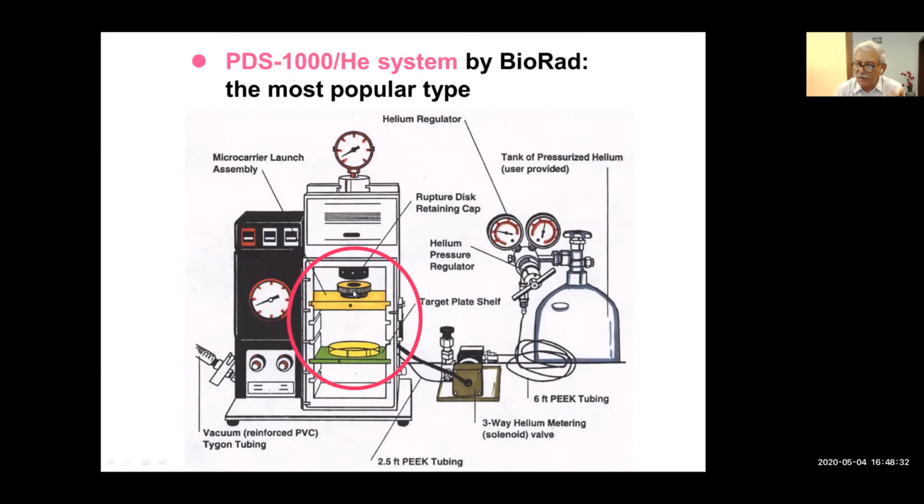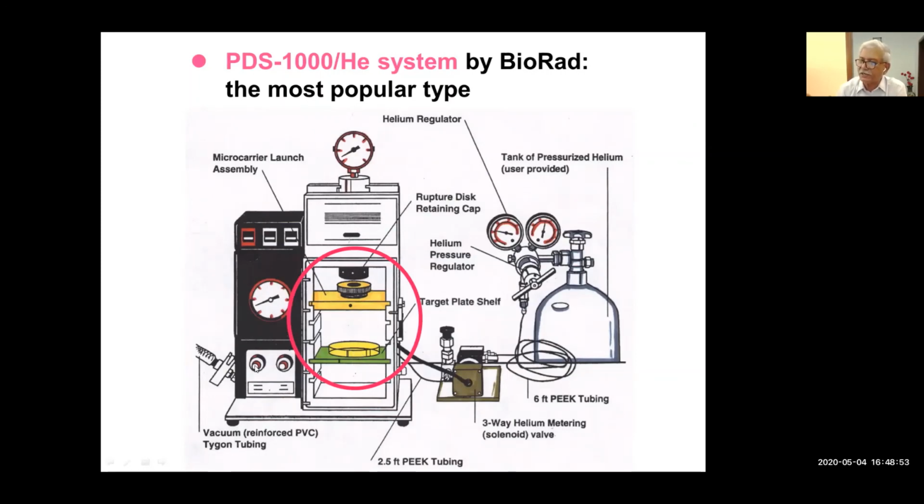They start bombarding the tissues which are there in this petri plate. This distance is movable. It depends what kind of tissues and what kind of pressure. It can be maintained by the distance between the rupture disk, which is here, and your sample, which is here.